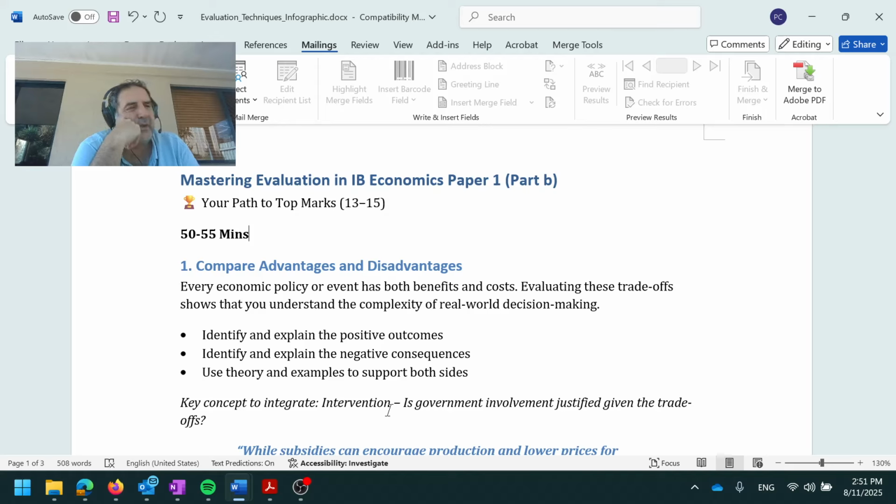So you could talk about fiscal policy, you could talk about supply side policy as an alternative measure to resolving the macroeconomic problem.